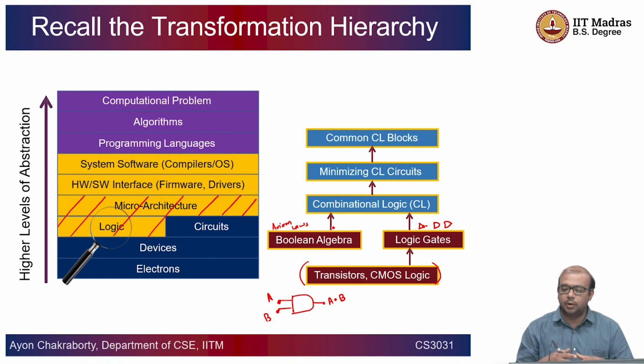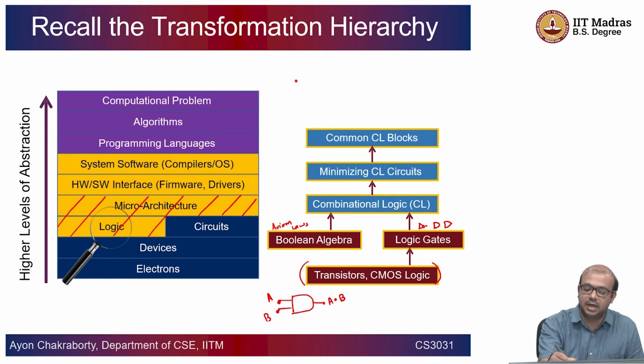So the combinational logic that we are going to look into now is purely a function of the current inputs. I'll write CL for combinational logic. This is purely a function of the current inputs.